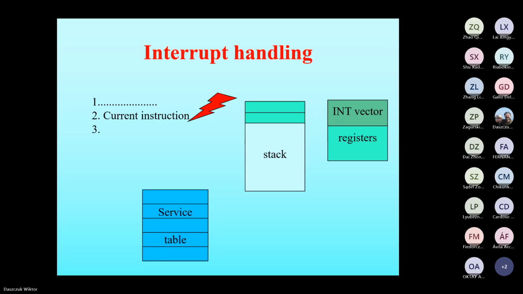The processor, when it accepts the interrupt, automatically saves the interrupt vector. What is the interrupt vector? It contains at least two registers, typically two registers: the program counter, to return to this place in the program in the future, and the flags.